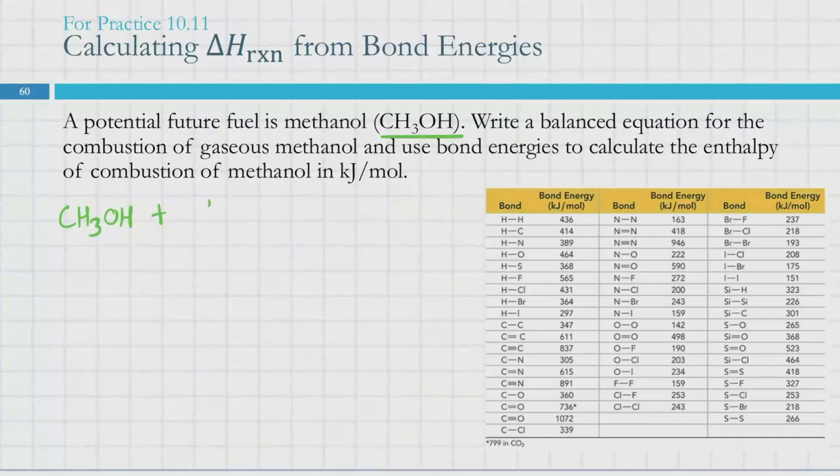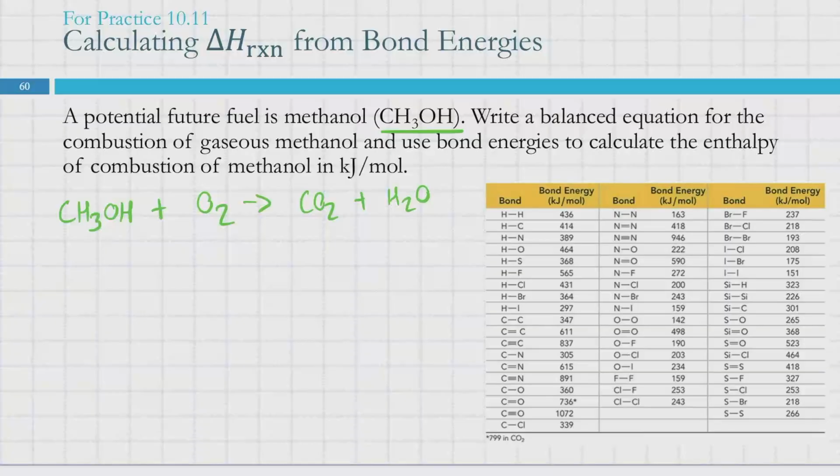What's its chemical formula? It is O2. And that's going to go on to form CO2 and H2O. Balancing things out, our carbons, we've got 1 on each side.